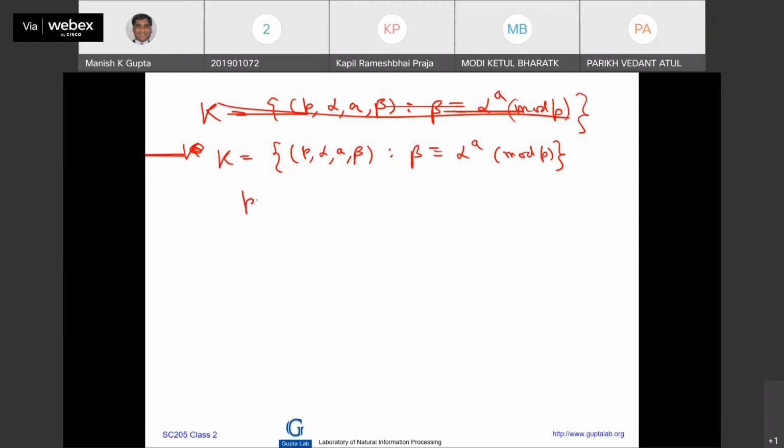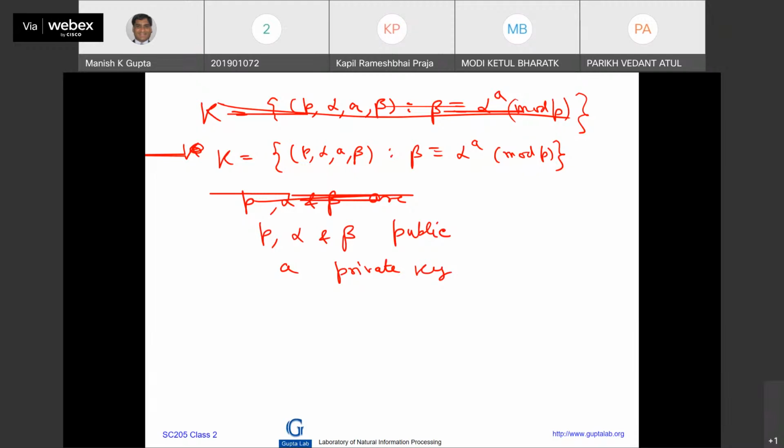Here p, alpha and beta are public, and a is the private key. So our key consists of four numbers: p, alpha, a, beta. Beta is known to the public, alpha is known to the public, and p is known to the public because of what prime we are using. Only a is the private key.